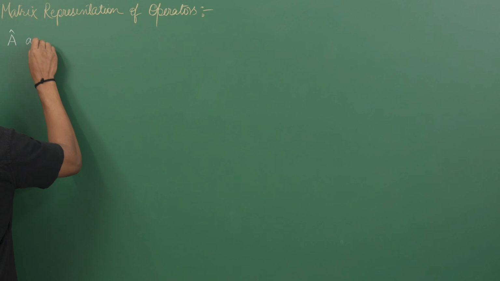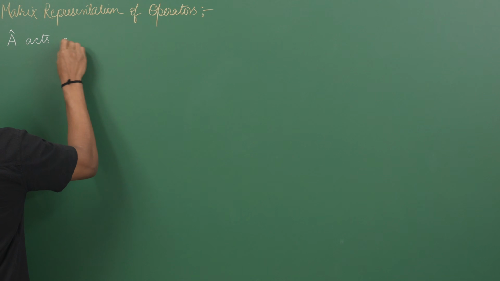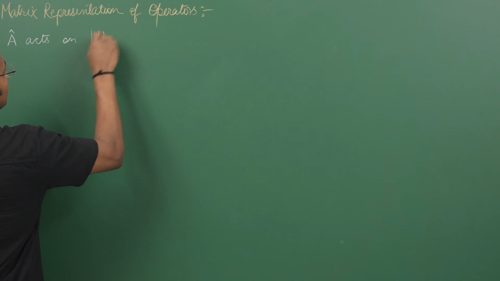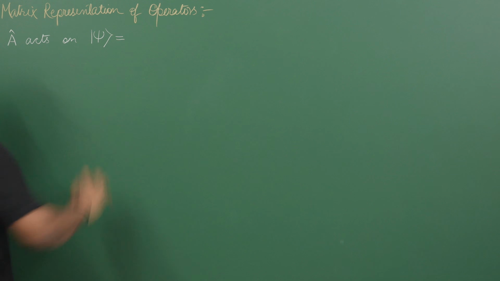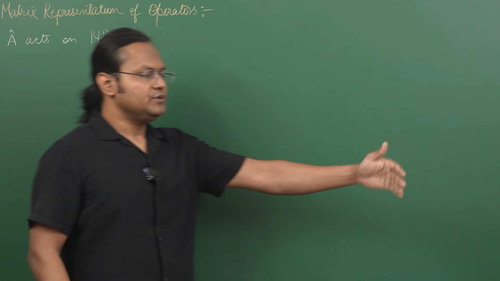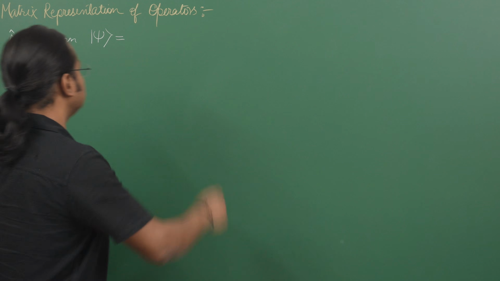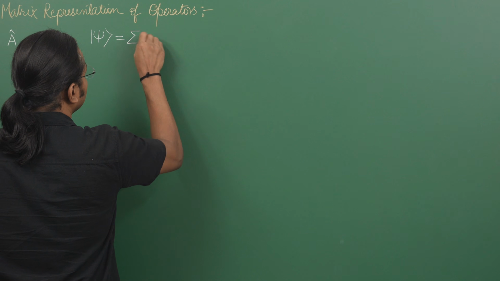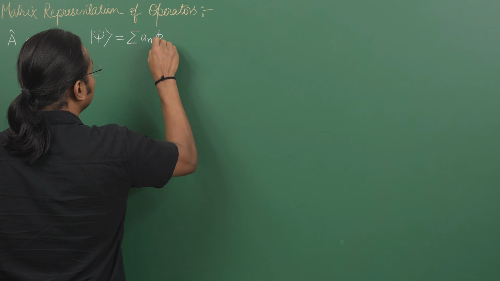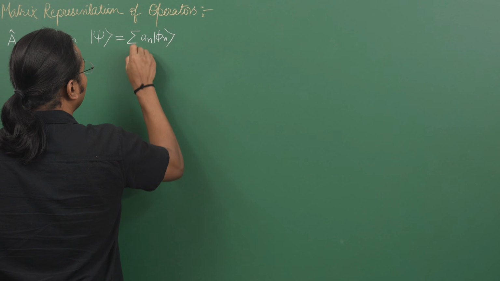And let's suppose A hat acts on the quantum state psi. Now the quantum state psi is written as a linear superposition of all the basis vectors. So this is quite simply put, the summation of a_n phi_n over n.